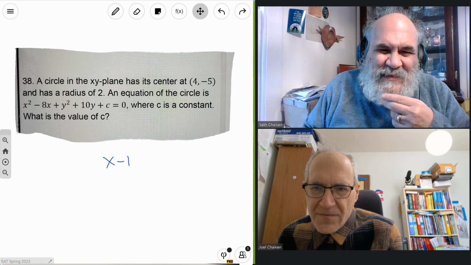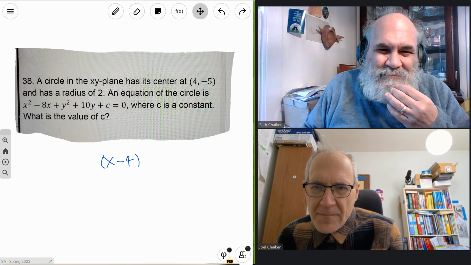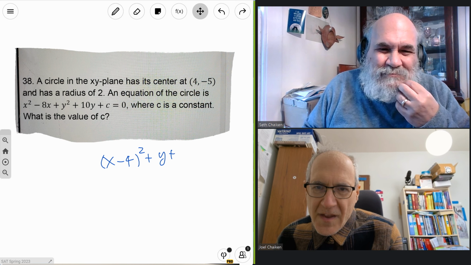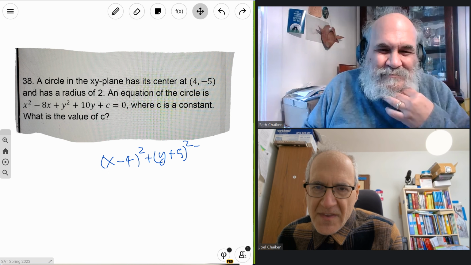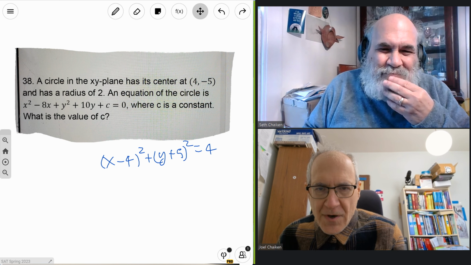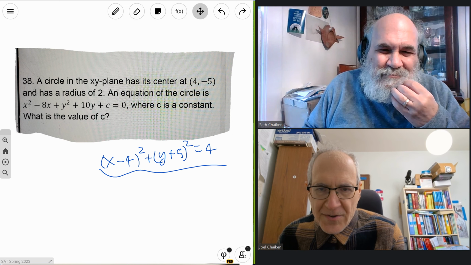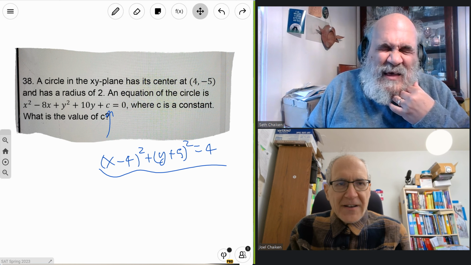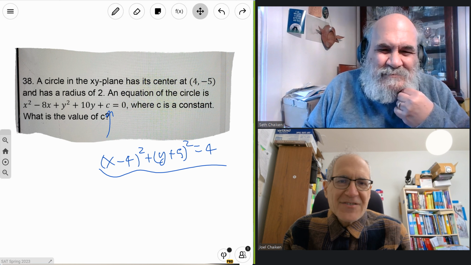Or you can use (x minus 4) squared plus (y plus 5) squared equals 4. Now you just multiply all this out, and then you can figure out what c is. That's better.